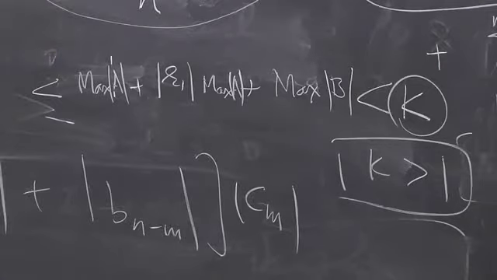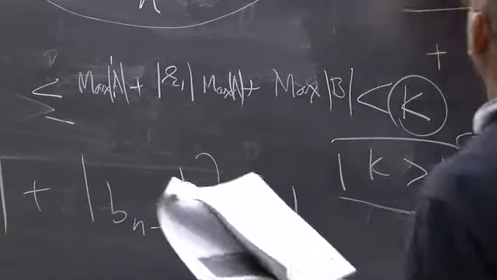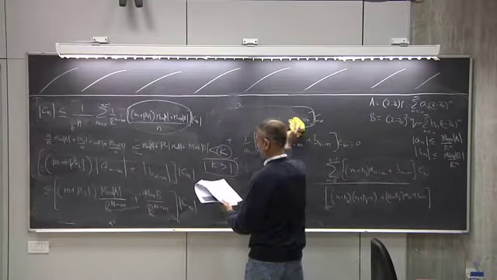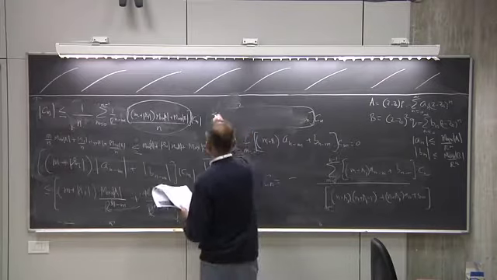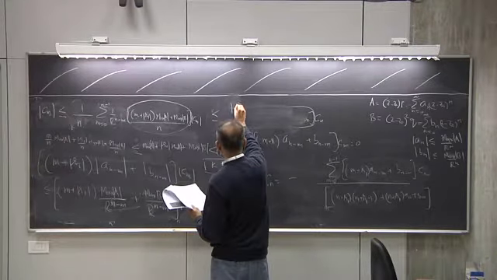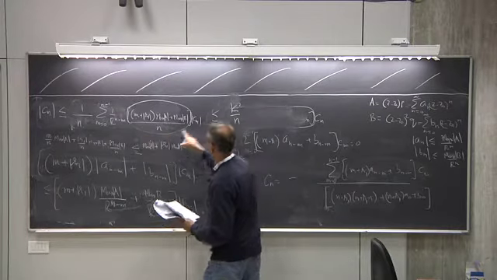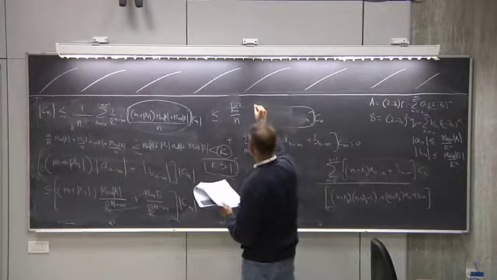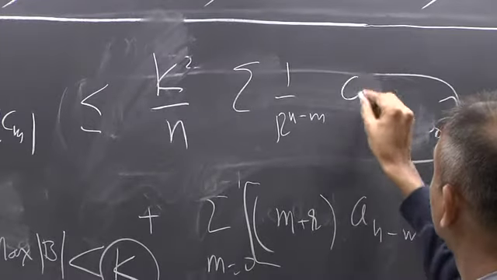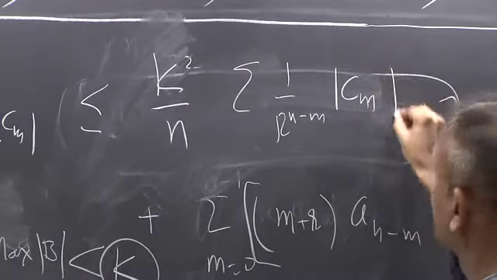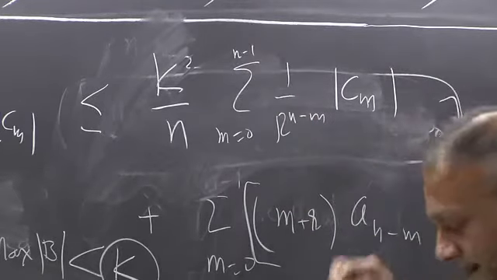So at the end of the day, this expression becomes less than or equal to kappa over n, where kappa is the bound for all that, times the sum of 1 over r to the n minus m, n choose m, with m equal to 0 to n minus 1.